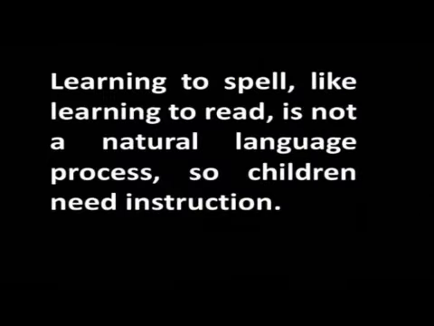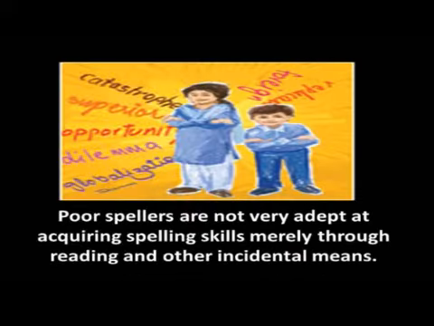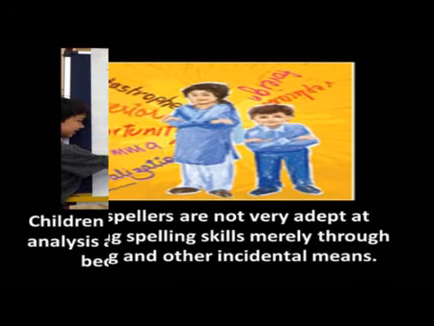Insufficient instruction: learning to spell, like learning to read, is not a natural language process, so children need instruction. Poor spellers are not very adept at acquiring spelling skills merely through reading and other incidental means.